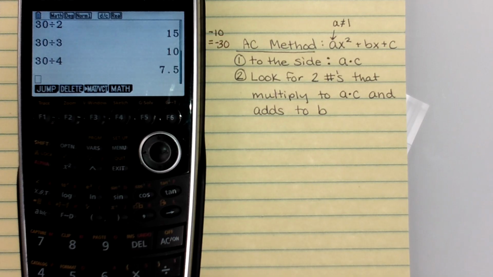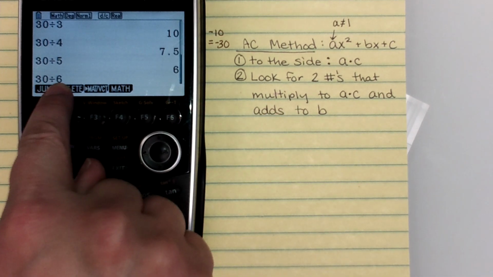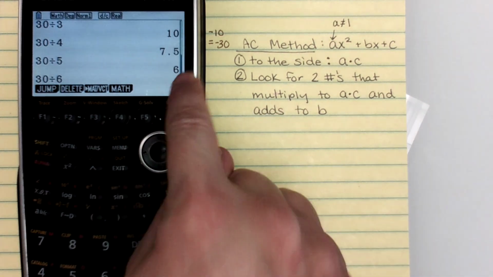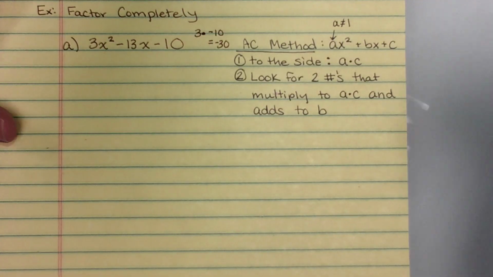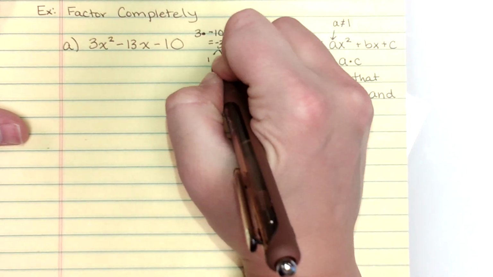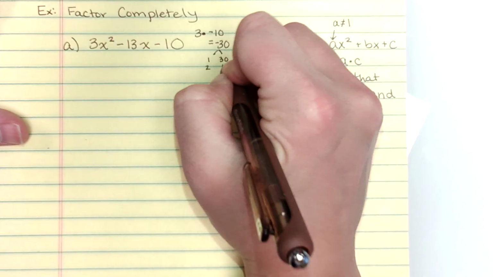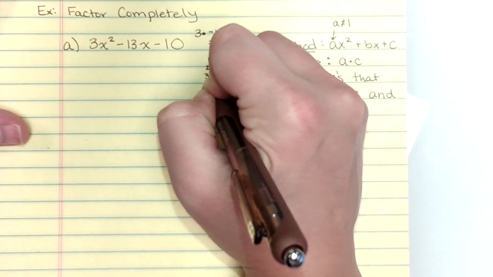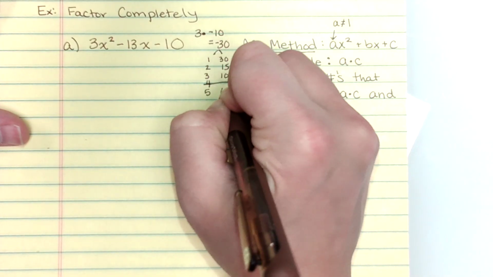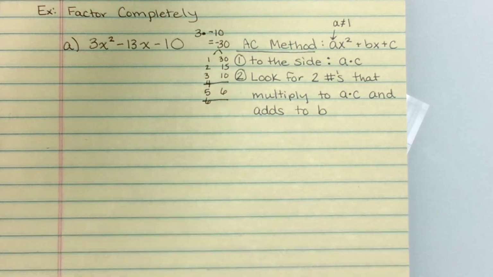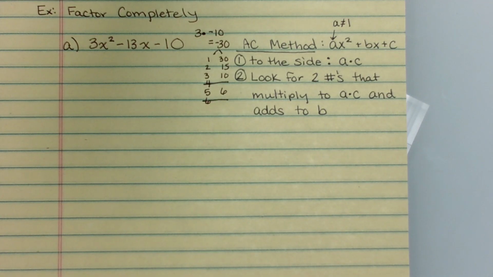It's a decimal. It's 5 times 6. And you can stop as soon as you get to a number, like in this case, I divide by 6, where that number is bigger than that number. So, 1 times 30, 2 times 15, 3 times 10, 4 was nothing, 5 times 6, 6 was the end of the line. Now, I don't have to write this out every single time, but that's just giving me all of my options.